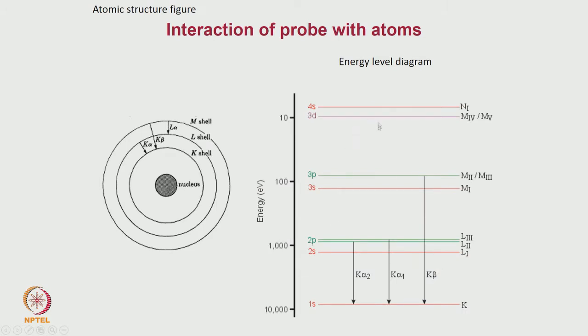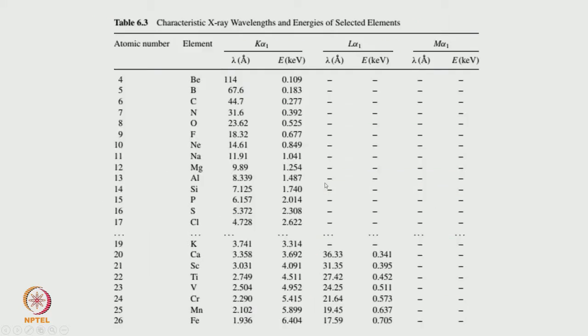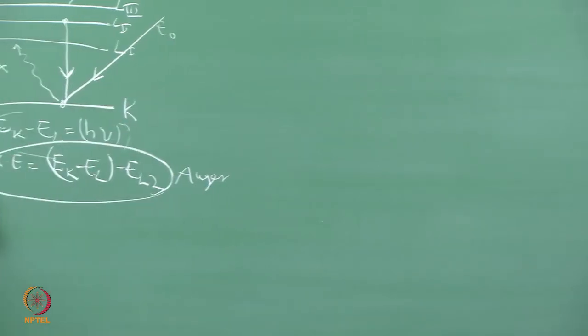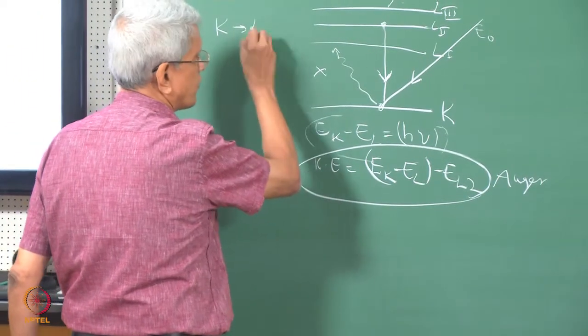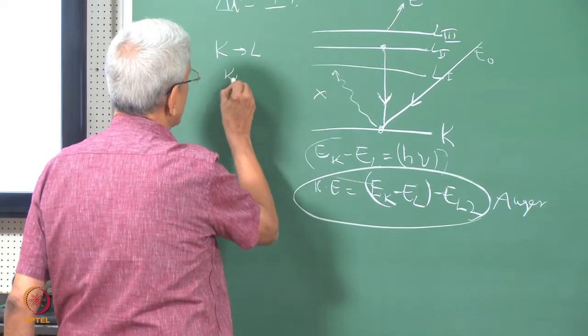In the next slide, this is with respect to copper. I had given the energy level values. And in this particular table, what is being given is the energy of the K alpha radiation or L alpha radiation or M alpha radiation for different elements. If a vacancy is created in the K level and an electron from the L level comes down, then we call it K alpha.